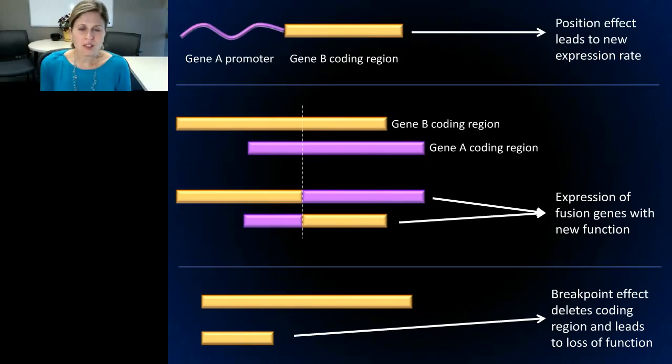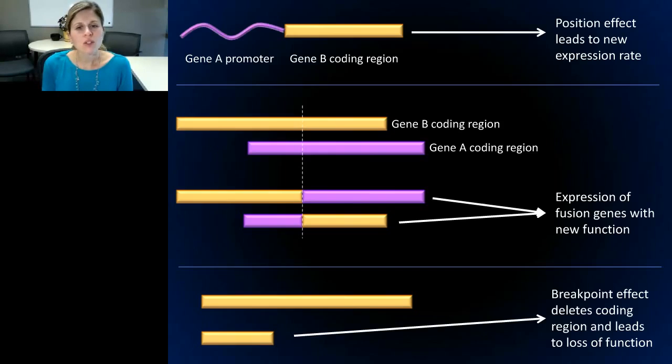And in the next example, you can see that there are fusion genes being produced, in which the normal coding sequence here for gene B and the normal coding sequence here for gene A have been disrupted. It's a little bit faint on this image, but there's a line right here to indicate that a break has occurred along this particular line.